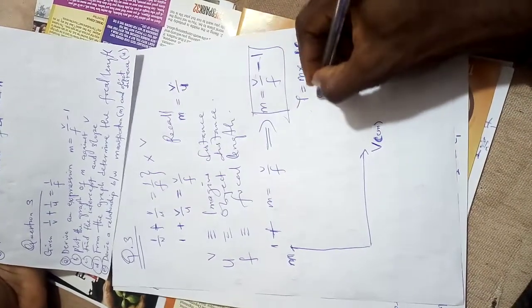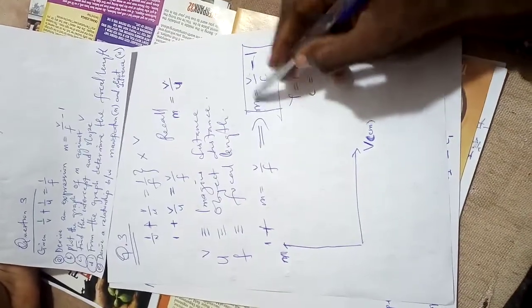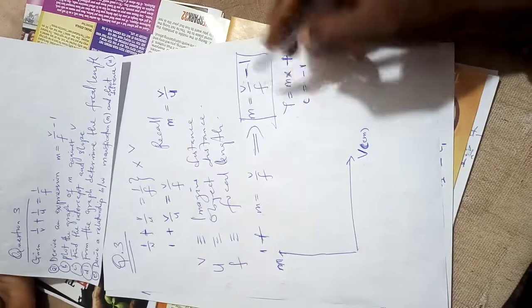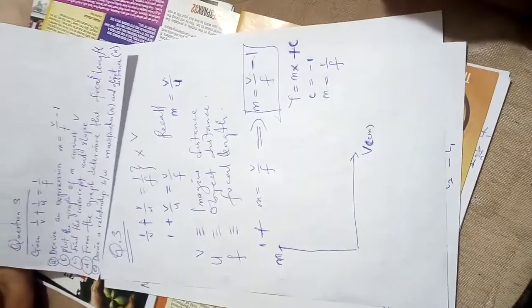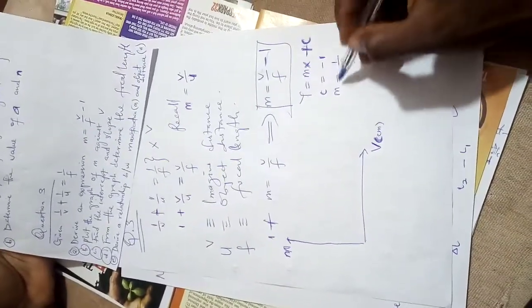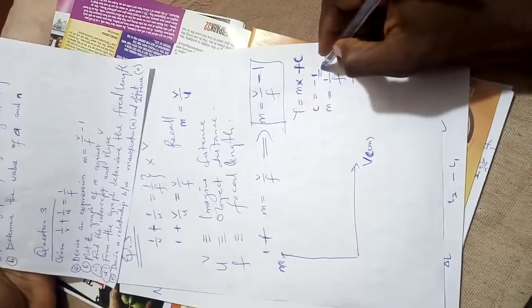So that means our intercept is minus 1, right? Remember we plotted m against v, so our slope will be 1 all over f. So we have that the slope is equal to 1 all over f. All right, so this is the slope. We have calculated the slope, we have calculated the intercept.